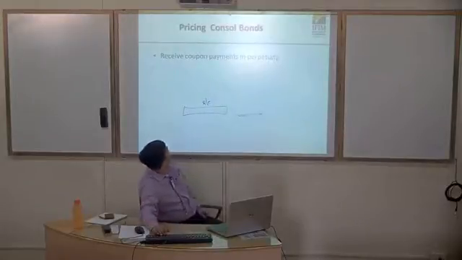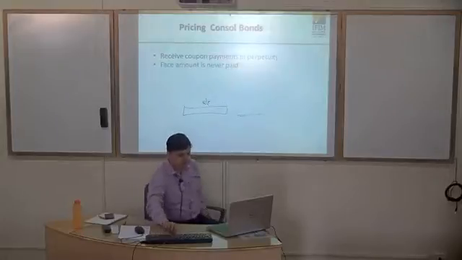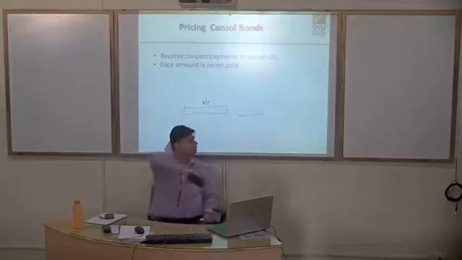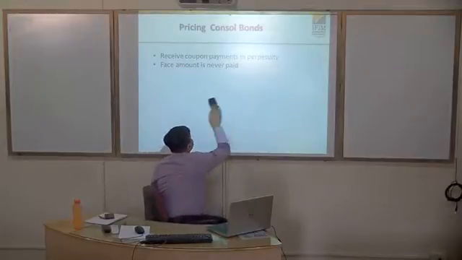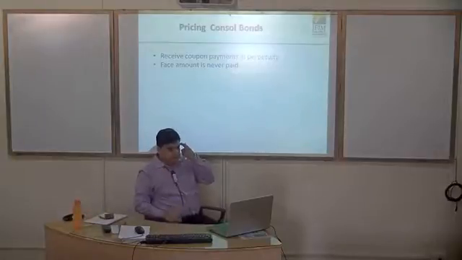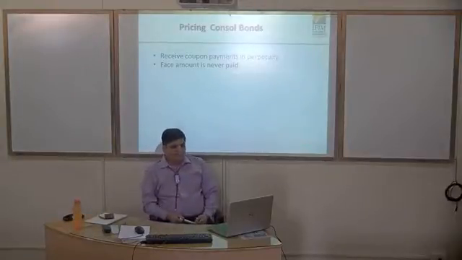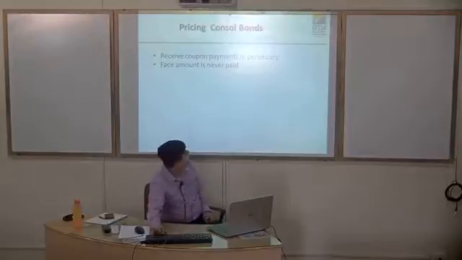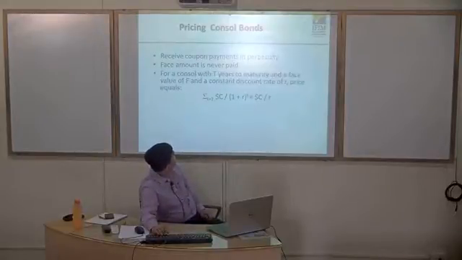Okay, so receive coupon payments perpetually. Face amount is never paid. Consols. For a consol with T years to maturity and a face value of F and a constant discount rate of R, price equals, okay, let me show you this, sorry for that.